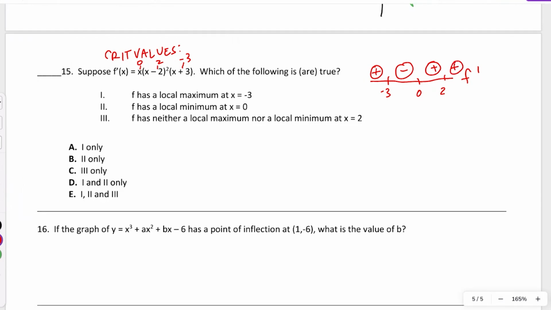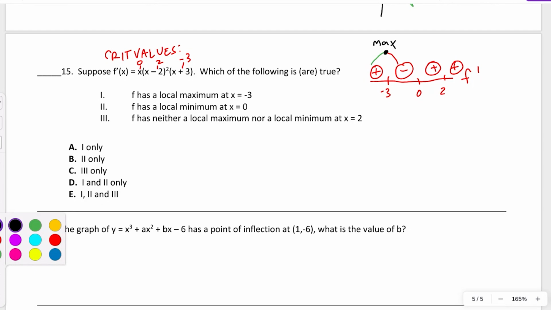Okay, so let's summarize what we know from this sign chart. This is a sign chart for f prime. So if f prime is positive, that means f is increasing. If f prime is negative, then f is decreasing. So what that means is we've got a local max at negative 3.